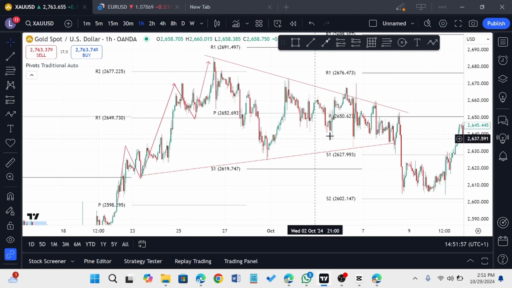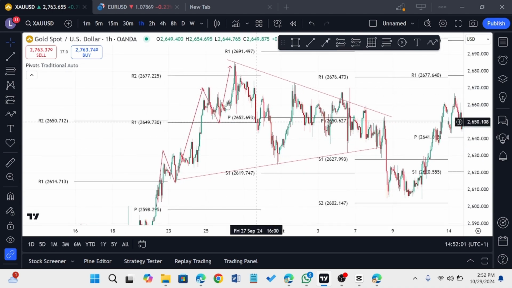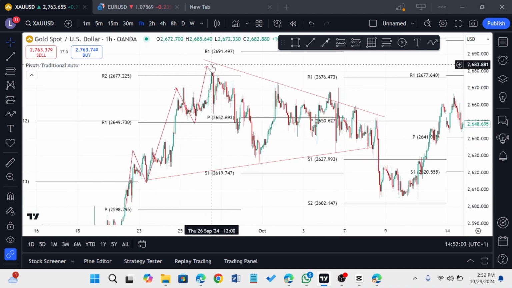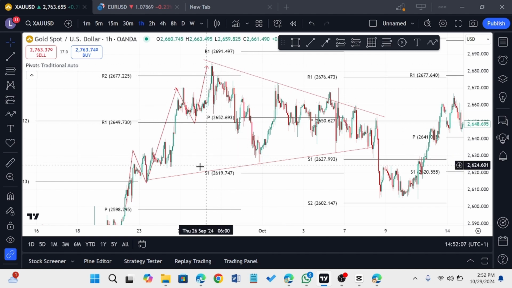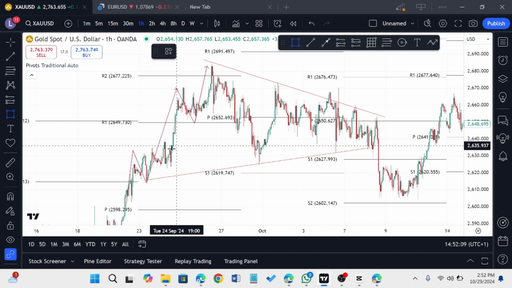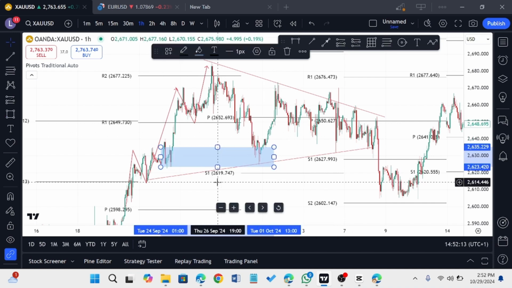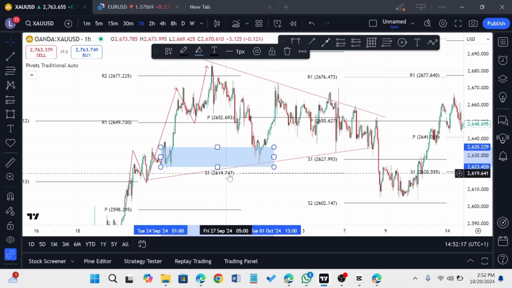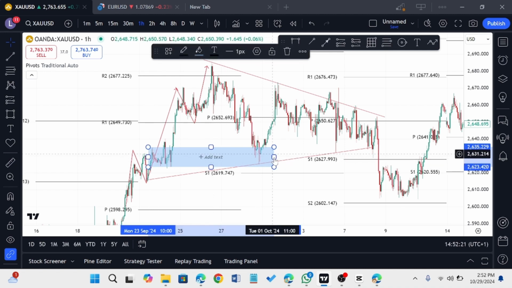This is just a flag, a bullish flag, and you can see right here from this we had this pullback right here, which price reacted off this support level. Price didn't exactly touch the S1 level, but you can see the S1 level corresponds with the support levels that are sitting right here.